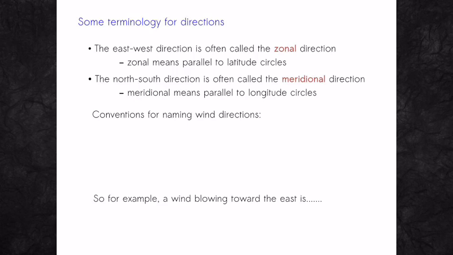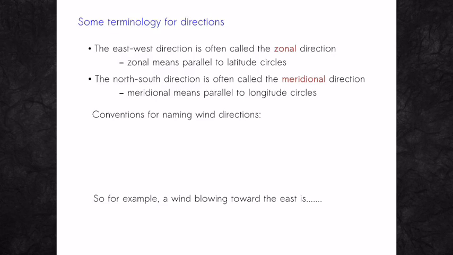Now, we might use the zonal and meridional terminology on occasion. I'll probably use it a few times in this lecture. But there's another set of terms that we use much more often that are much more explicitly tied to the map directions: north, south, east, and west. But there's one twist we give it in atmospheric sciences that's slightly unusual.